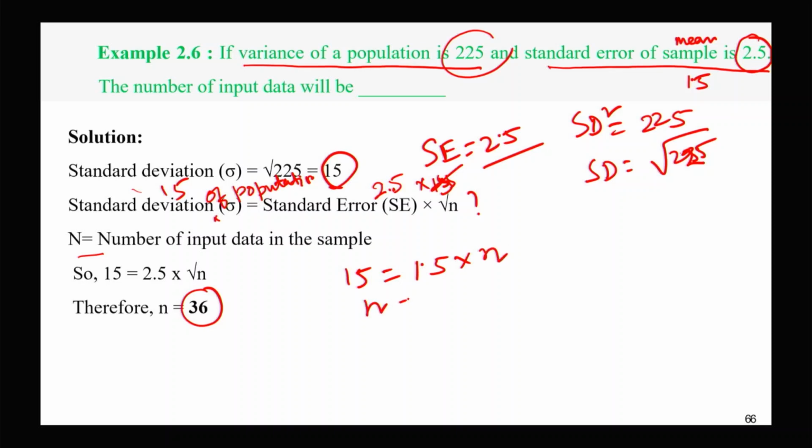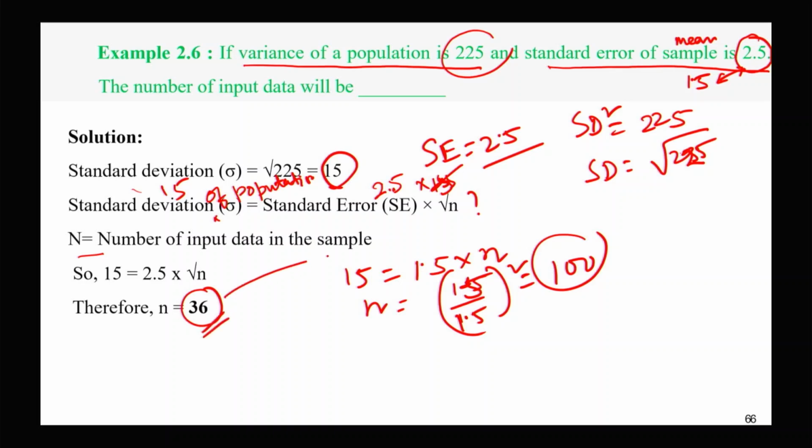So n will be 15 divided by 1.5 square equal to 100. So just from 2.5 to 1.5, if we want to reduce the standard error, we have to increase it from 36 to 100. So if we want to reduce the error, we have to increase the number of specimen in a sample.